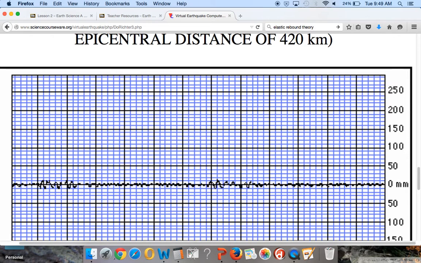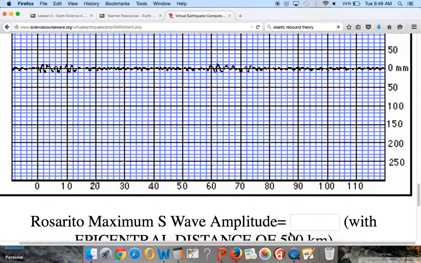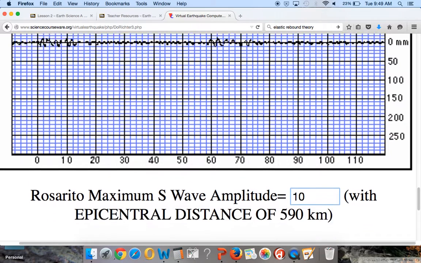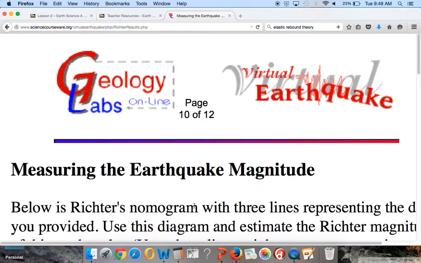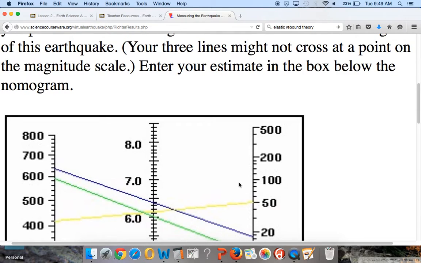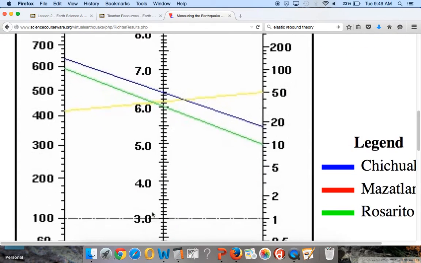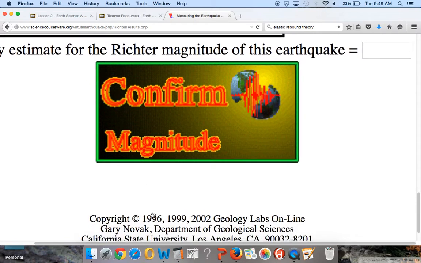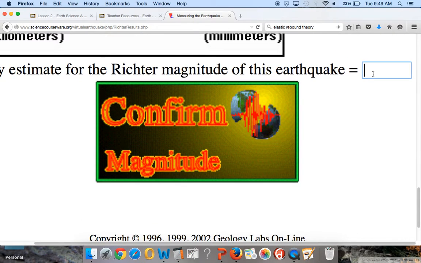And then this one, I'm going to go to 10. Try that again. I'm still measuring something off on here. I'm going to put this though, because I have the yellow and the green at about 6.1. So I'm going to try 6.1 for my epicenter.